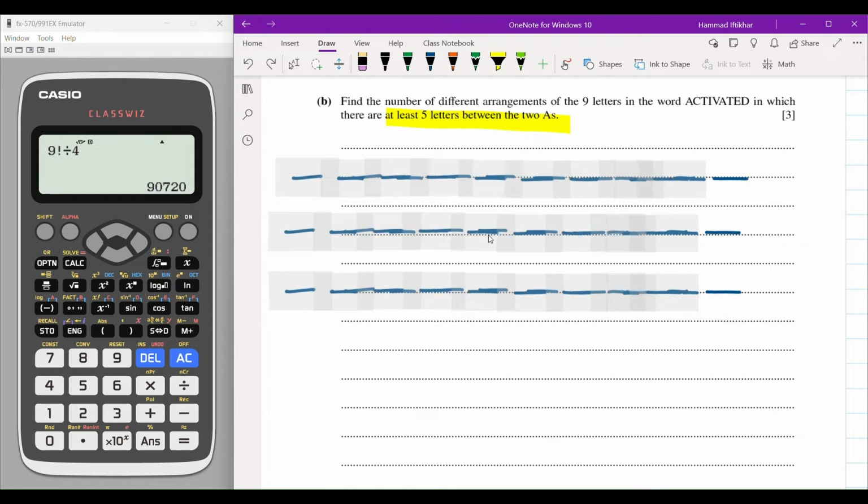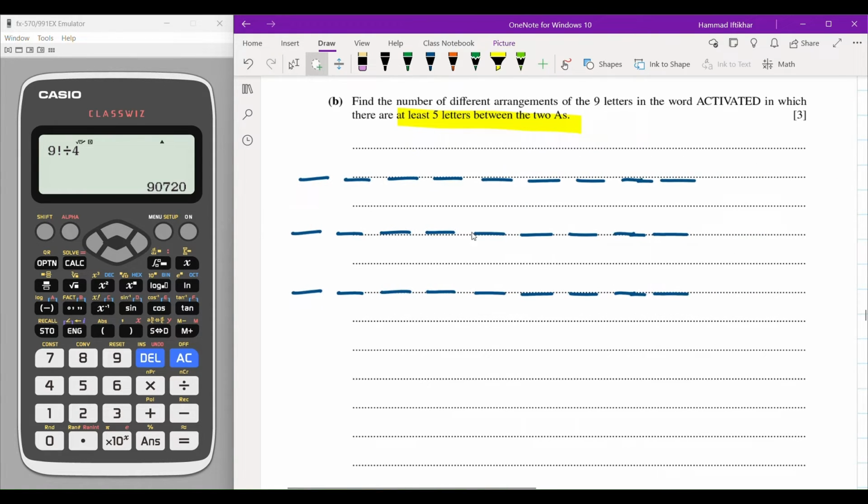Let's bring it a little bit over here just to see this. At least 5 letters, so that means 1, 2, 3, 4, 5. Then 1, 2, 3, 4, 5, 6, and then 7.